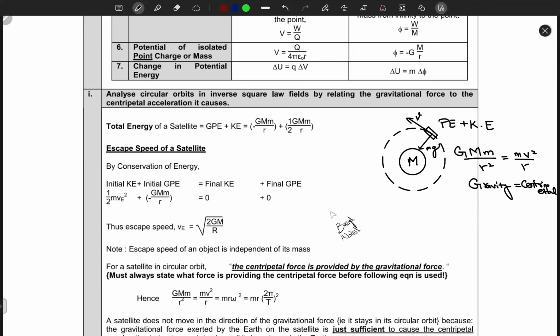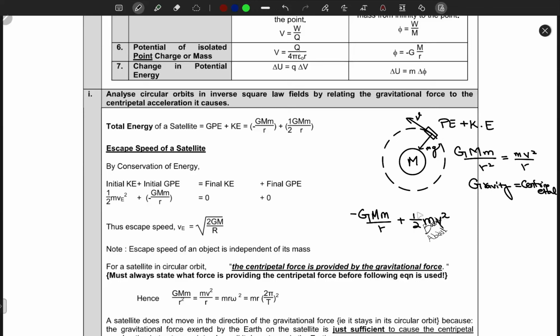So what I mean is that the potential is minus GMm by R, right? And the kinetic energy is plus half mv squared.